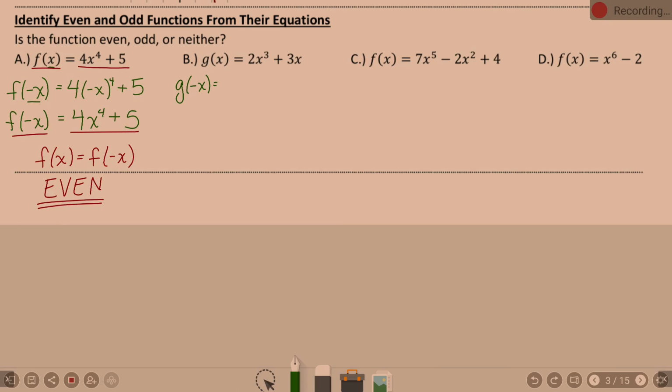Every place I see x, replace it with negative x. So 2, instead of x to the third, I'm going to say negative x to the third plus 3 times negative x. Okay, see what we get here. Clean it up.